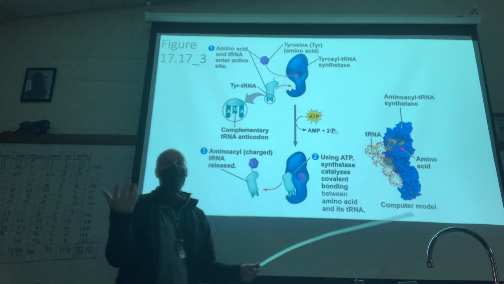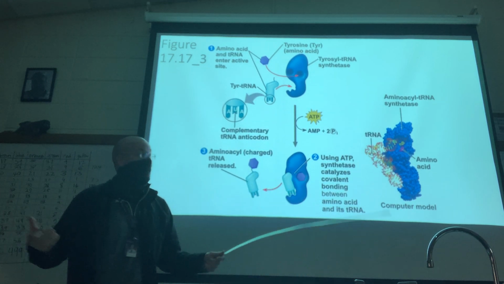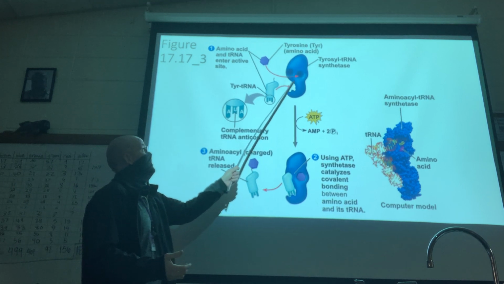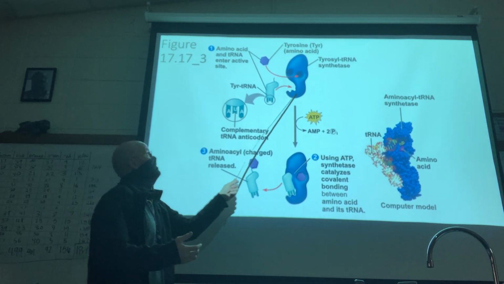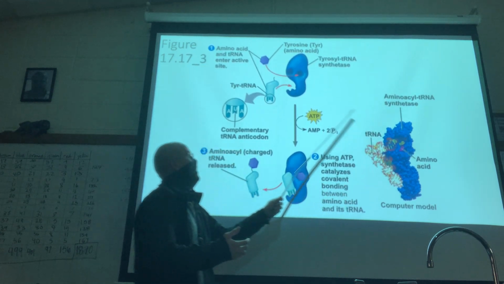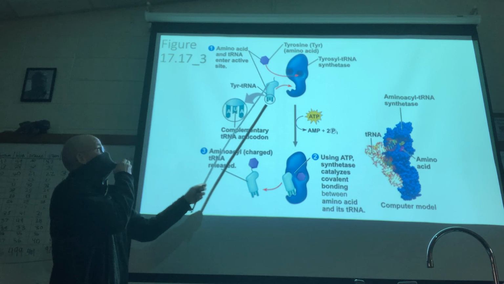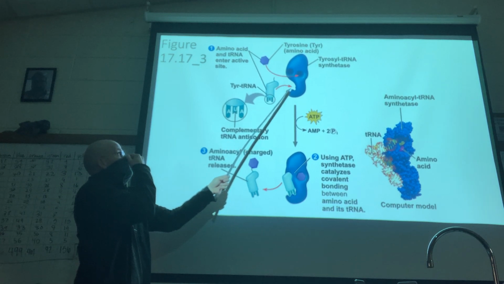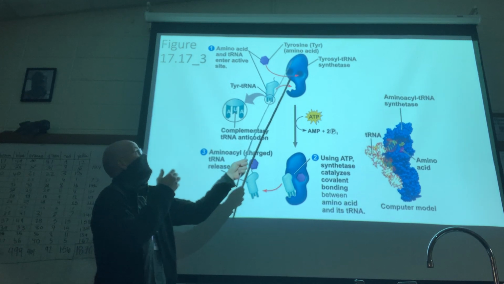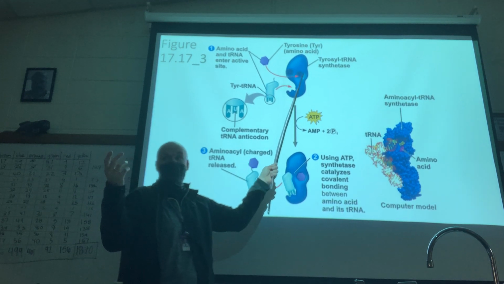Now, like any enzyme, there is going to be an active site, and these aminoacyl tRNA synthetases are going to have an active site that recognizes a specific anticodon and a specific amino acid.